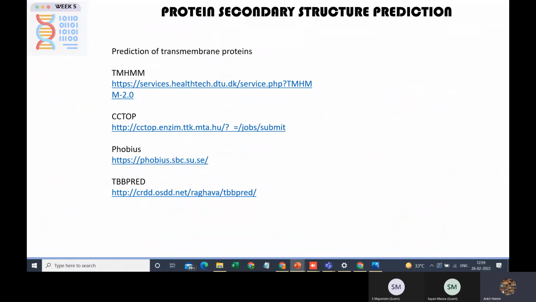These are all generally for each protein structure. It is difficult to identify, but it becomes more difficult in the case of transmembrane proteins, because transmembrane proteins have both hydrophobic and hydrophilic domains, and their presence and their structure matter.